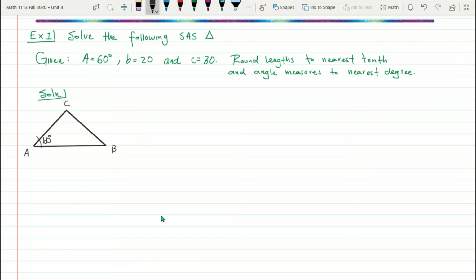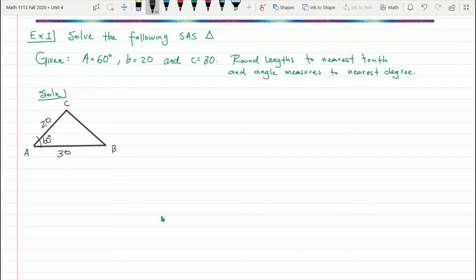You're given B to be 20 units of length, and then C to be 30 units of length. So what you want to do is round to the nearest tenth, and that is the length, right, of side A. And whatever angle you find, round it to the nearest degree.